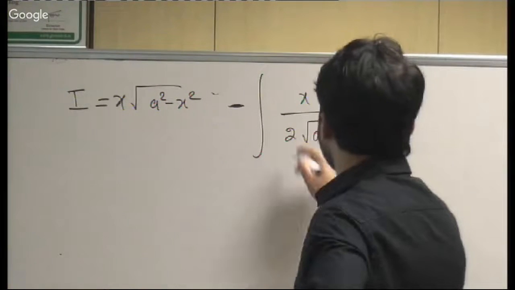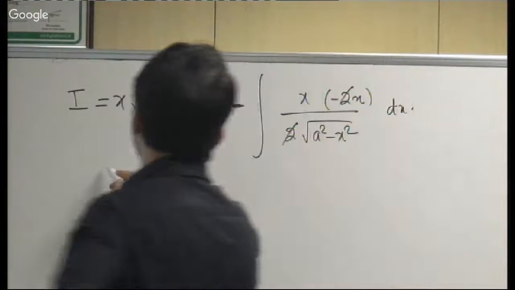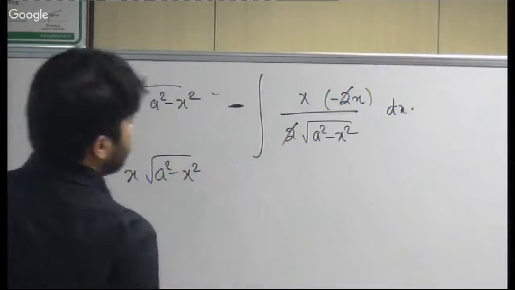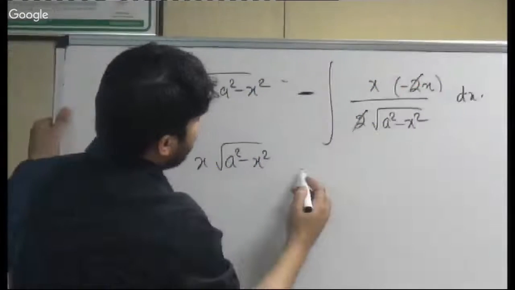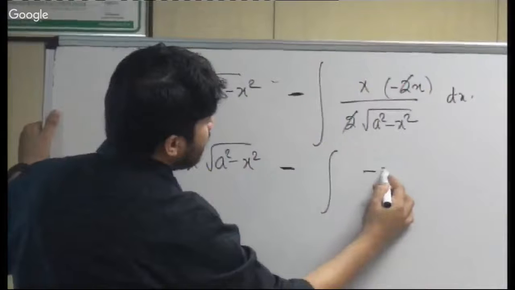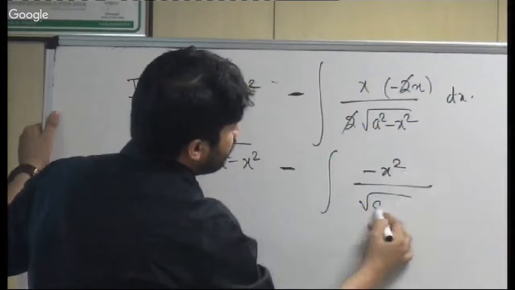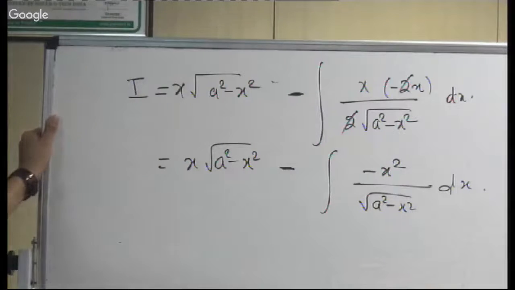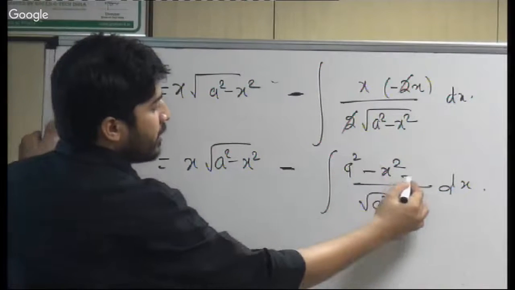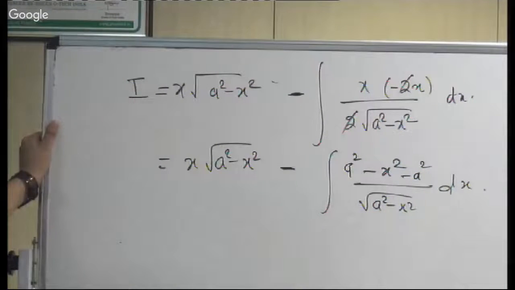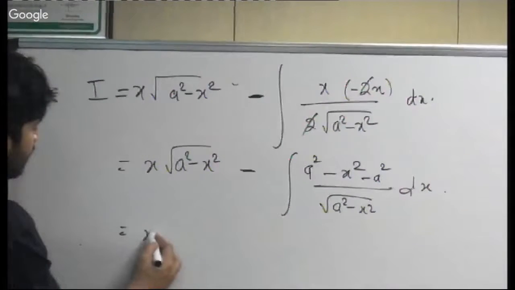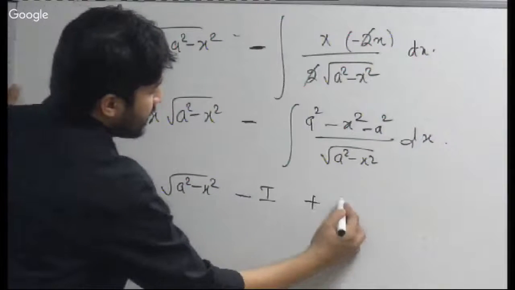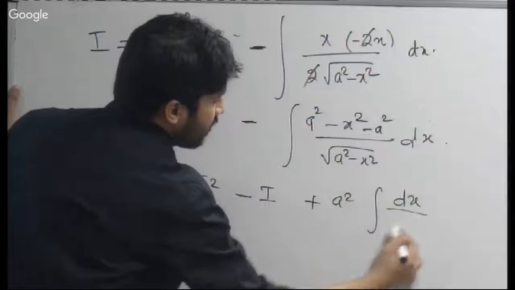Now this is gone, so it will be x under root a square minus x square minus x square upon under root a square minus x square dx, right? I'm going to put a square and minus a square, right? So I can say x under root a square minus x square minus I plus a square into dx upon under root a square minus x square.